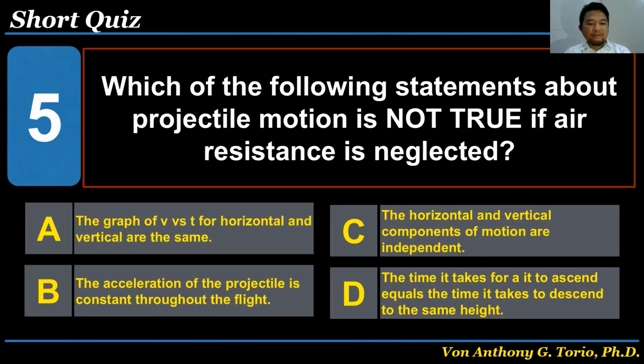A, the graph of V versus T for horizontal and vertical are the same. B, the acceleration of the projectile is constant throughout the flight. C, the horizontal and vertical components of motion are independent. Or letter D, the time it takes for it to ascend equals the time it takes to descend to the same height.